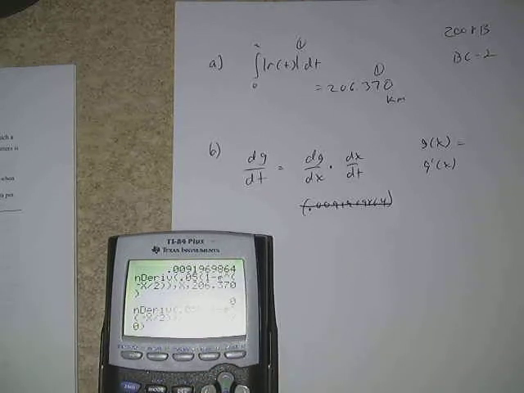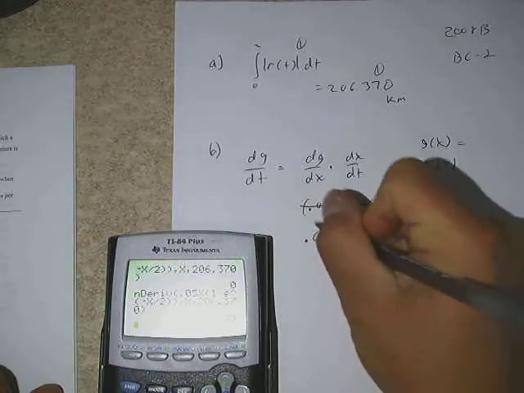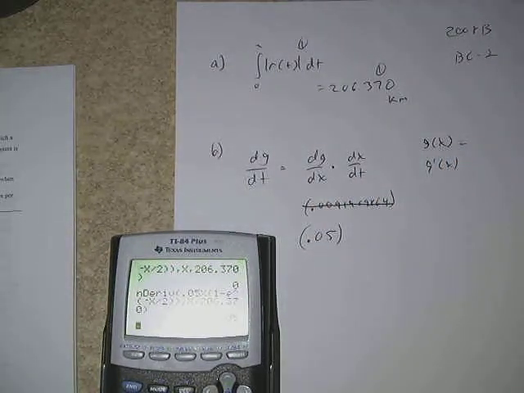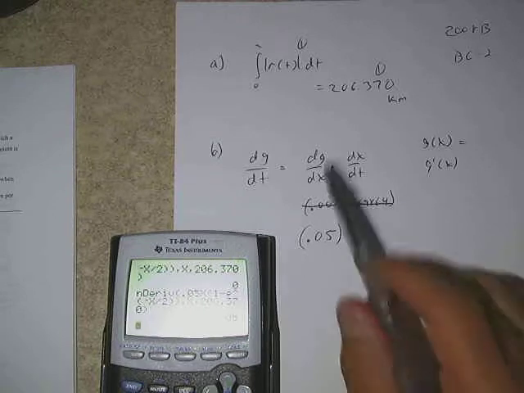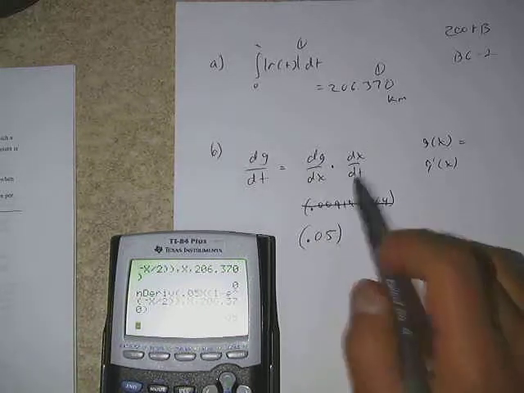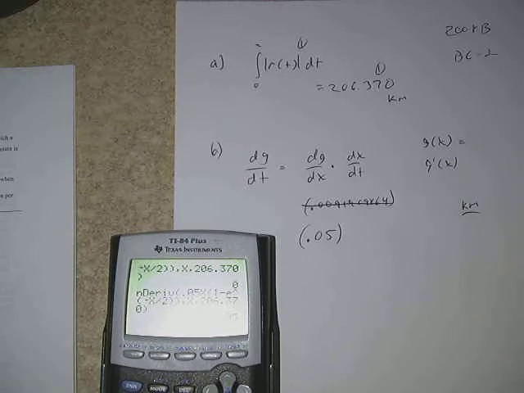So we got g prime at time 2. At time 2, we're at distance this. Gotcha. There it is. Let's say something's fishy. All right. Insert our x. Now we'll try it. There we go. 0.05. That's what we're supposed to get. So 0.05 is going to be our dg dx at that particular time.